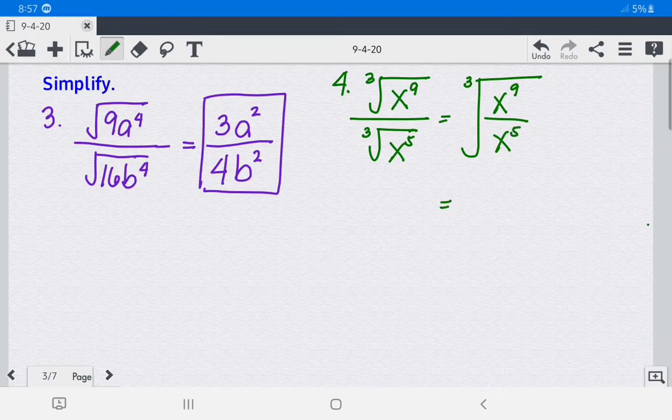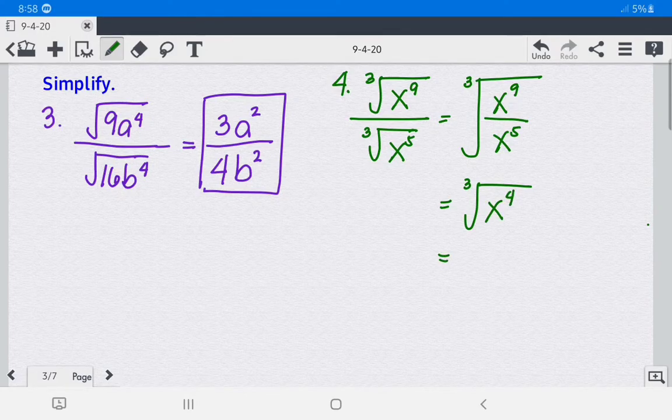Using the quotient rule for exponents, we have to subtract the exponents. So we have 9 minus 5, which is 4. So we have the cube root of x raised to the 4th power.